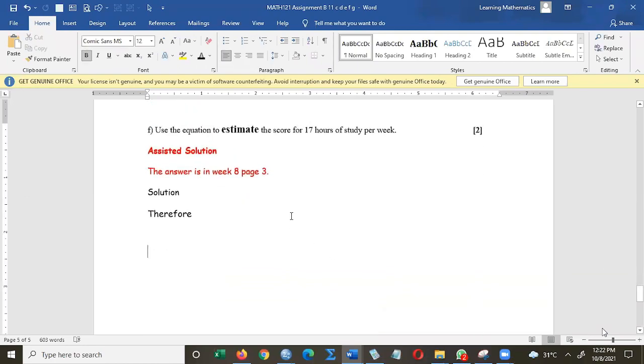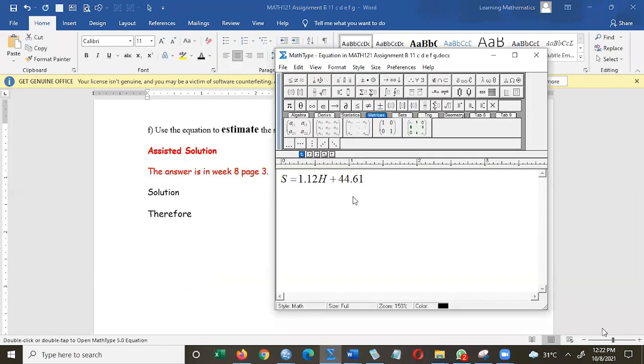By the way, here we want to estimate the score if you study for 17 hours. Just by looking at the equation, what if you don't study at all? What is your expected score if you do not study?